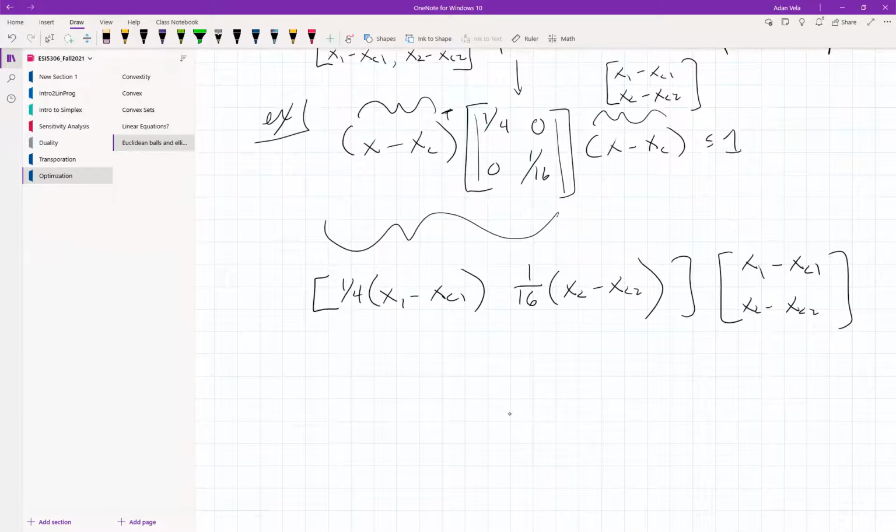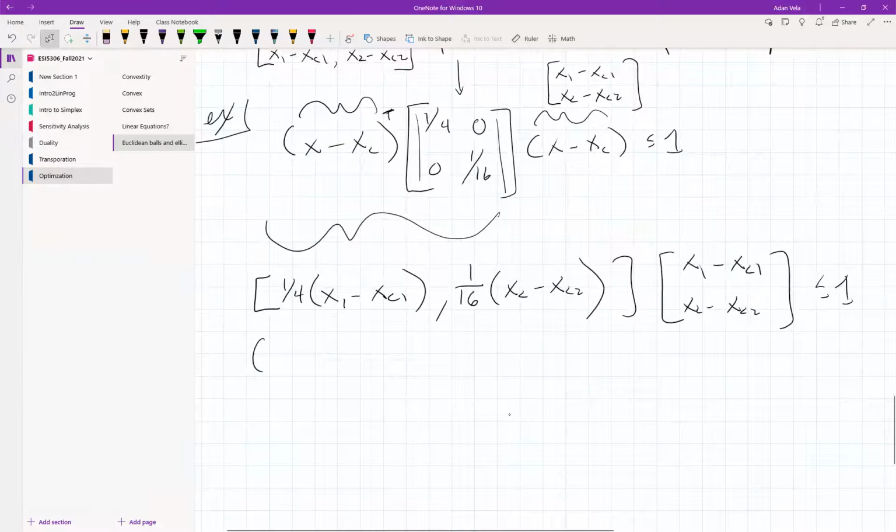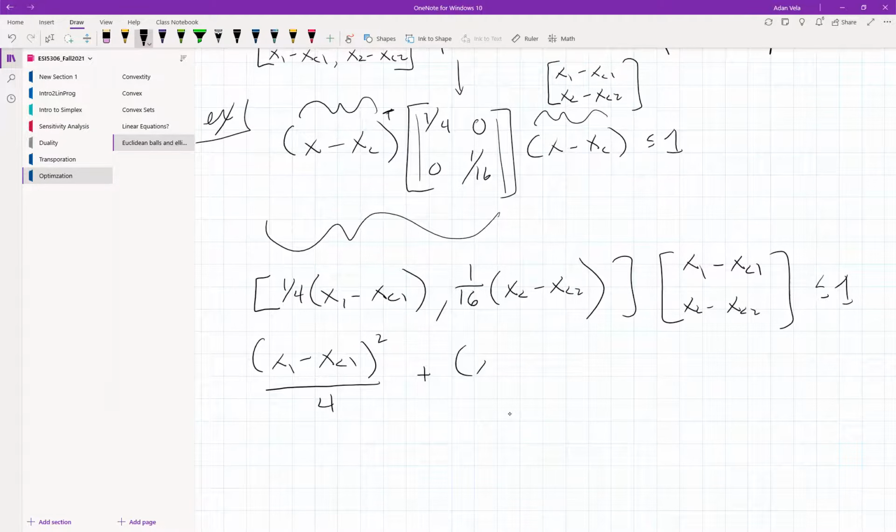Oh, and this is not a plus, that should be a comma. So now we multiply this row vector times the matrix, and all of this is less than or equal to 1. We end up with x1 minus xc1 squared, all divided by 4, plus x2 minus xc2 squared, all divided by 16, is less than or equal to 1.